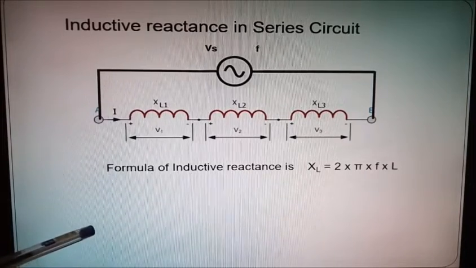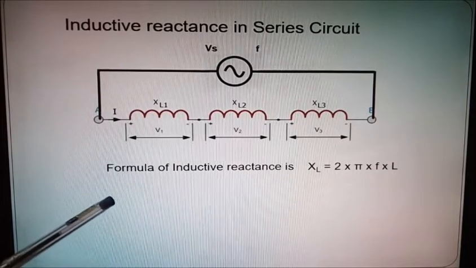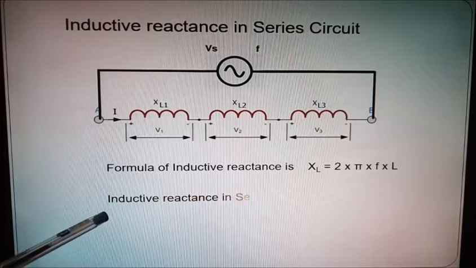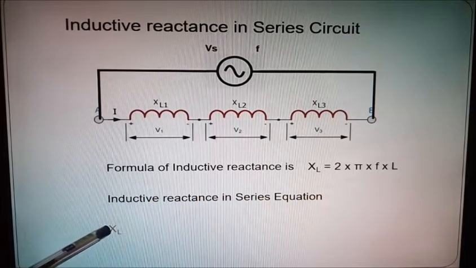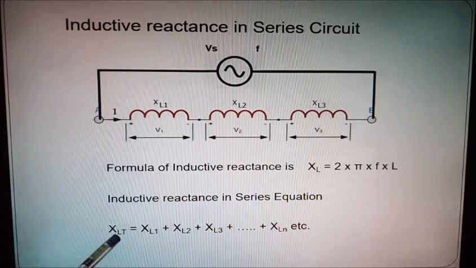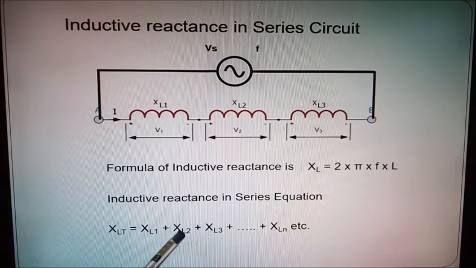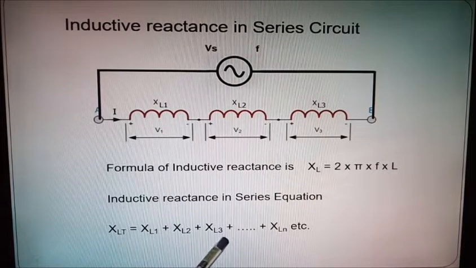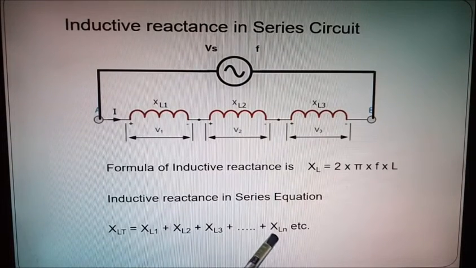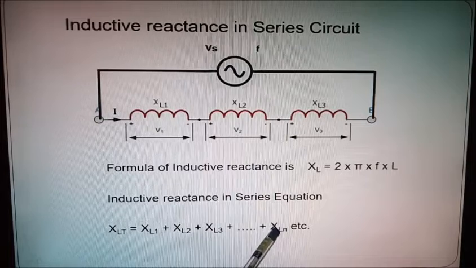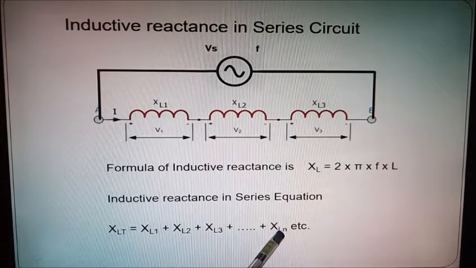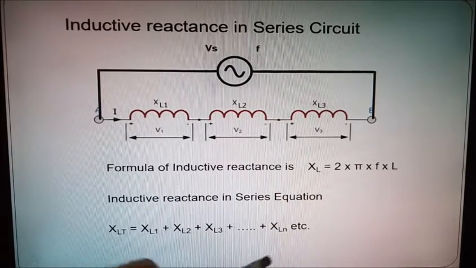You can solve for total inductive reactance using this formula: XLT, or total inductive reactance, is equal to XL1 plus XL2 plus XL3, and so on, depending on the number of inductive reactances in the circuit. Okay, next.